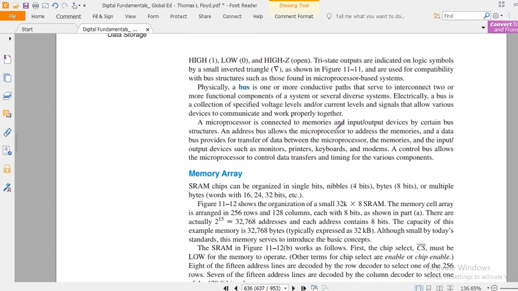High means 1, low means 0, and the high Z means open state. So these buffers have the tri-state, that's why they are called the tri-state buffers. The tri-state outputs are indicated on logic symbols by a small inverted triangle. This small inverted triangle that we have drawn there is used for this.